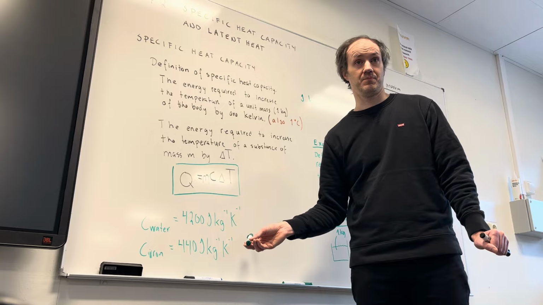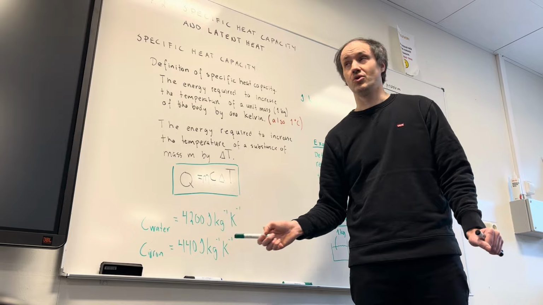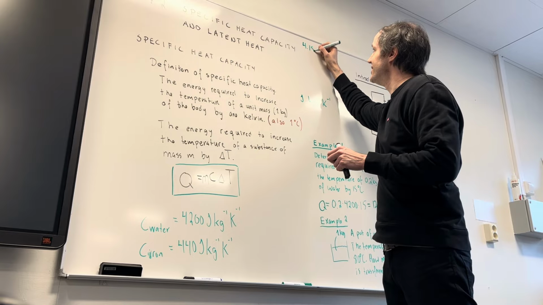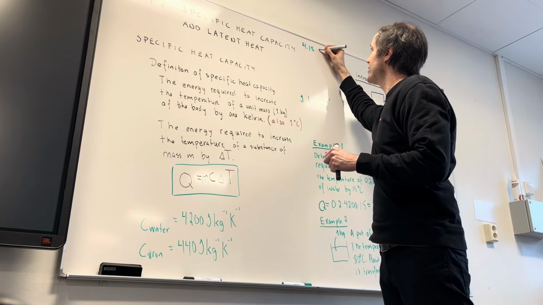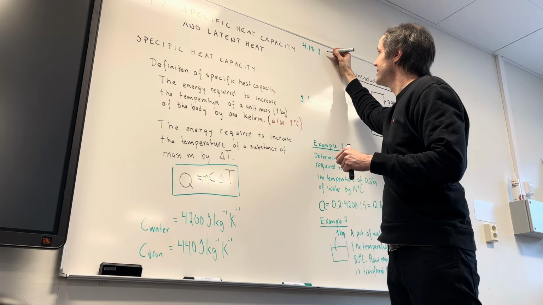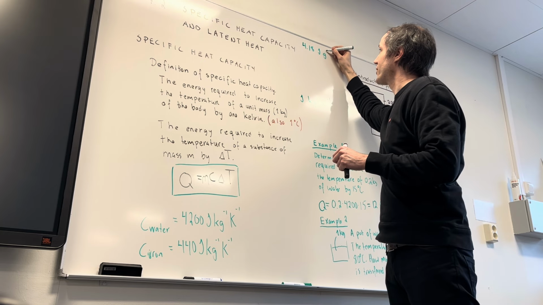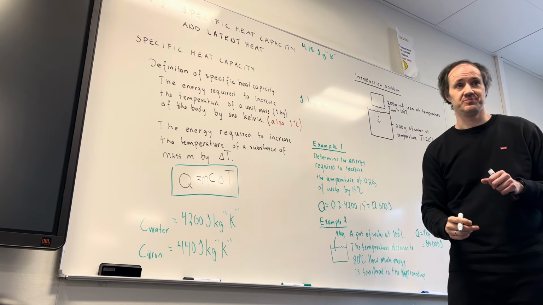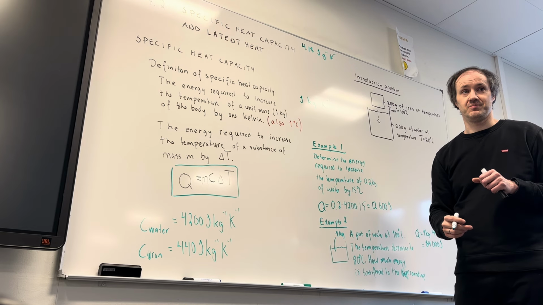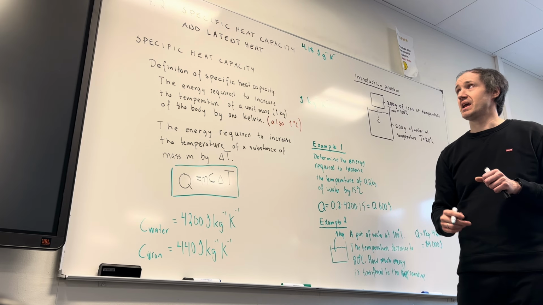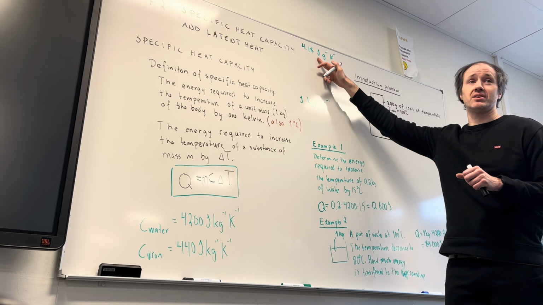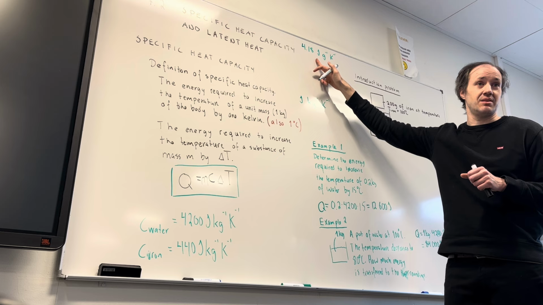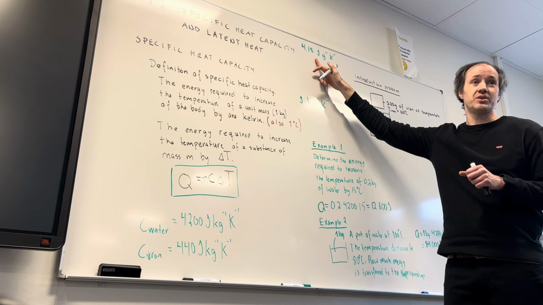So one of them has to be kilo, and then you have joules per gram per Kelvin. That means your mass has to be converted into grams to solve the problem. Also, the energy required to increase the temperature of 1 gram of water is 1,000 times less than the amount you need for 1 kilogram.